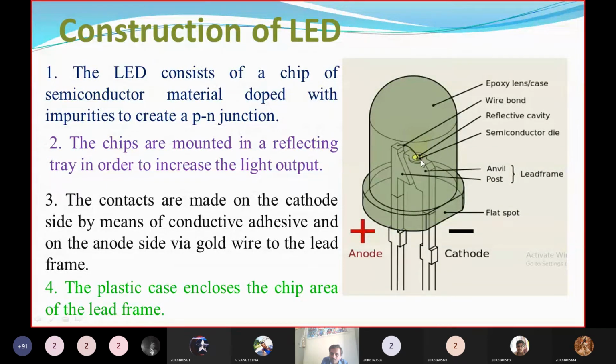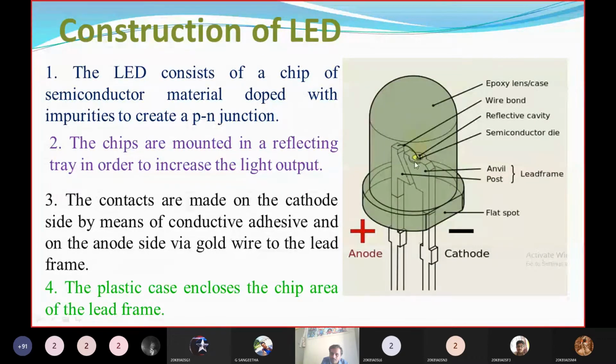That is the use of the tray here. That tray is the reflecting tray, and the chip will be placed in it. If any light is coming in the downward direction, the tray reflects that light.